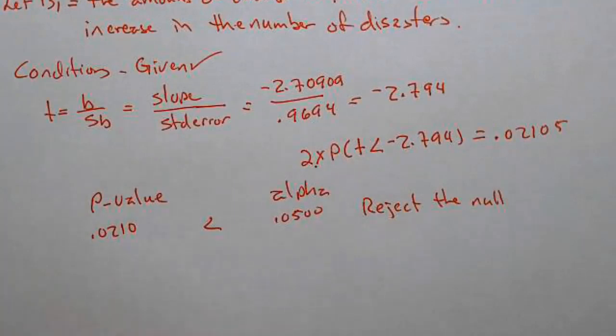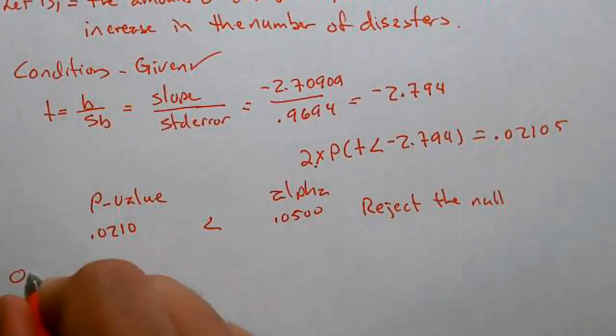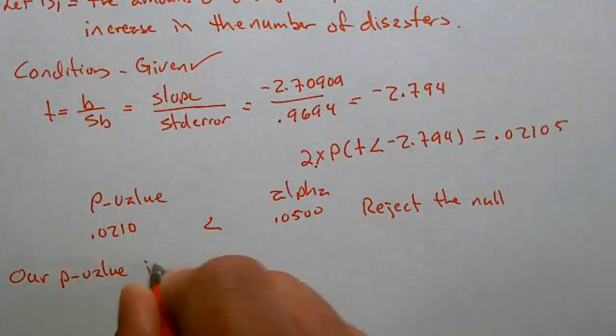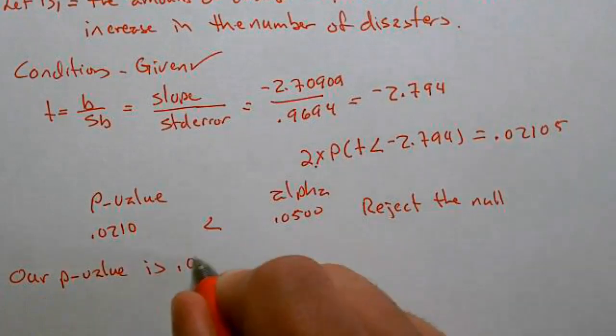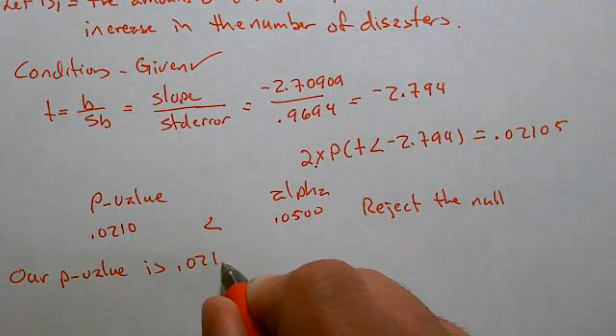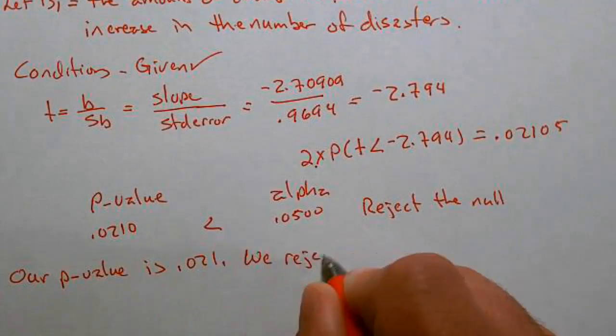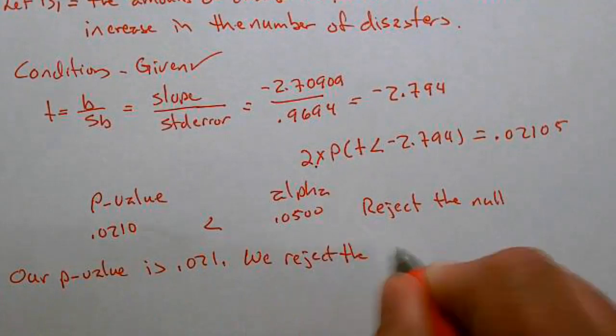So in this particular case, our slope is significant. So how do we go about saying this? Well, we now have substantial evidence. So our p-value is 0.0210. We reject the null.